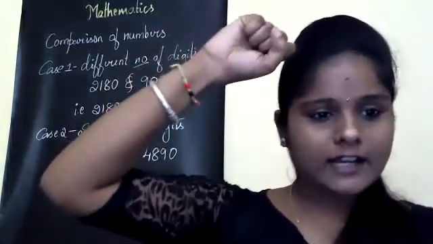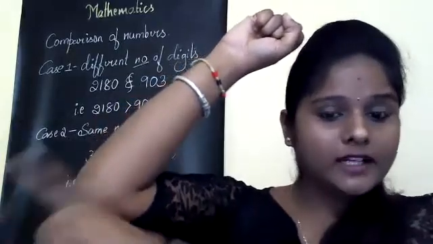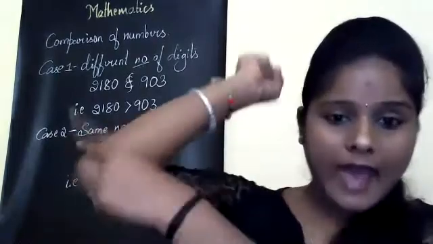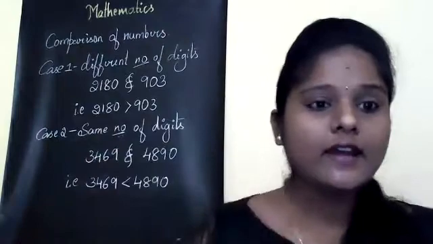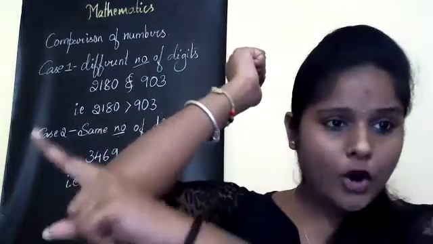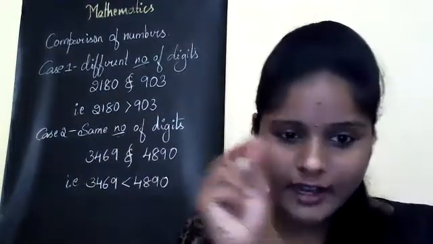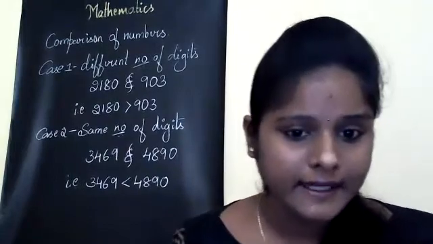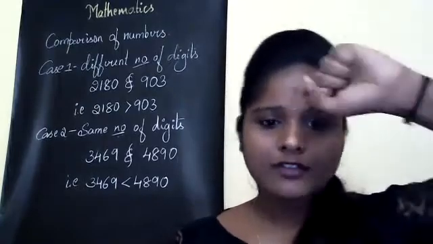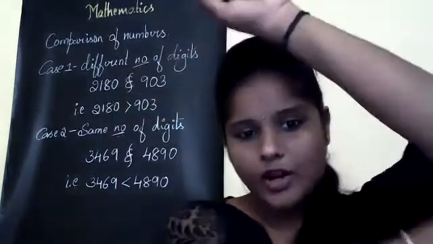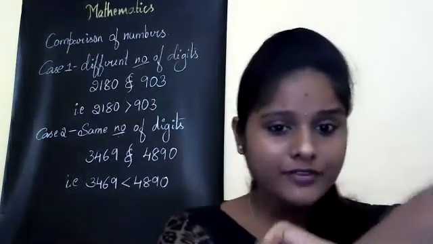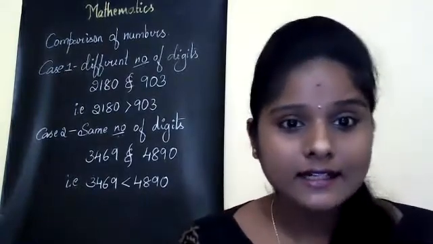Now, when we hold the right hand like this, which side will the arrow be pointing? Right side, isn't it? So the arrow pointing towards the right side is the greater than symbol. Now, if we hold the left hand, the arrow pointing towards the left side will be the lesser symbol.